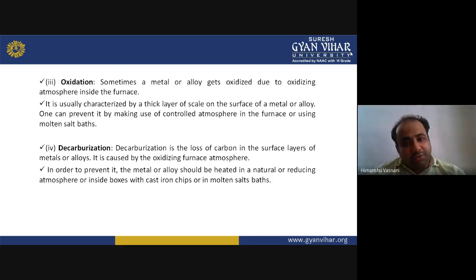Then oxidation, we have discussed oxidation previously also. Sometimes a metal or alloy gets oxidized due to the oxidizing atmosphere inside the furnace.